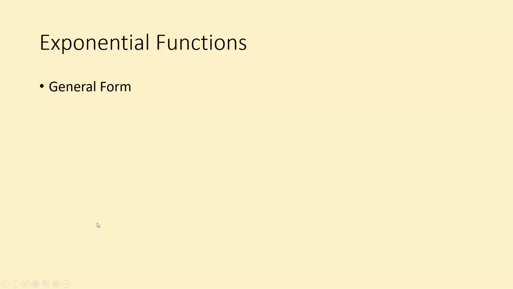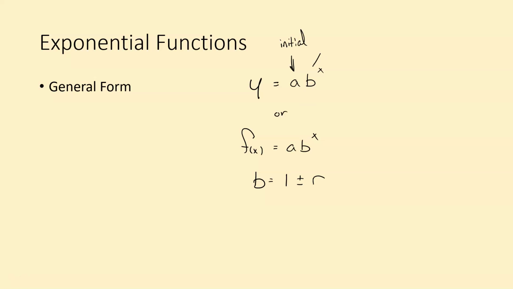So first thing we're going to talk about for exponential functions is the general form. The general form is y equals a times b to the x power. It's called an exponential function because x is in our exponent. A couple things to note. A, in this case, is the initial value, and b is the growth or decay.